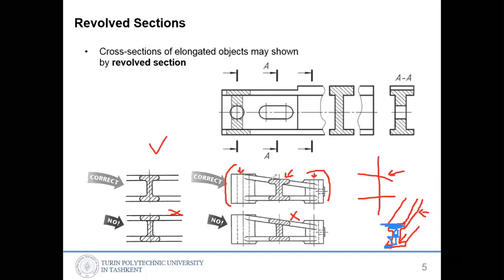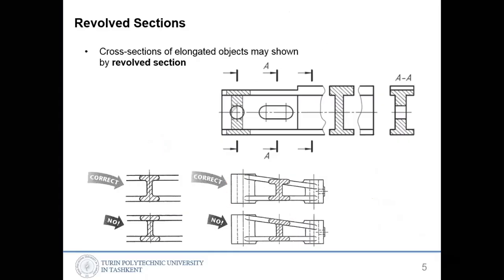So you have to show that straight. That means that's correct. It should be like this, and it shouldn't be like this. So that's wrong. The wrong thing is that it's not straight, and also it's not disconnected in these corners, in between these corners.